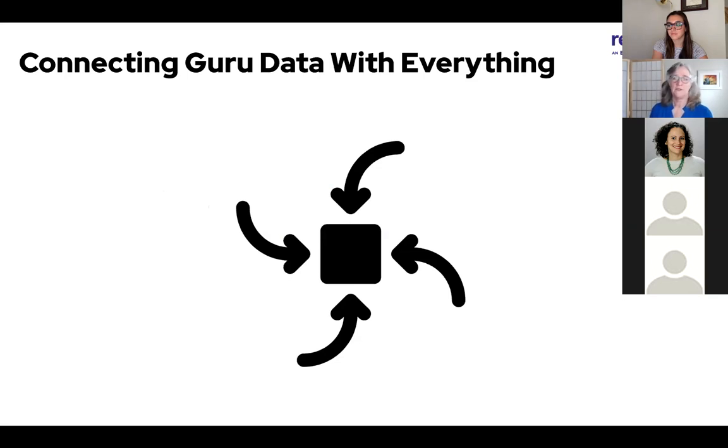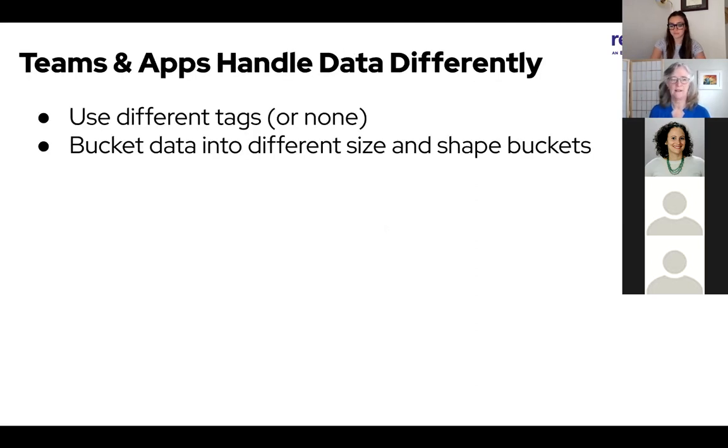I'm trying to connect Guru data with everything. In fact, I'm trying to connect all of our data that's product related with everything else. The problem with doing something like that is that teams and applications are handling the data differently.